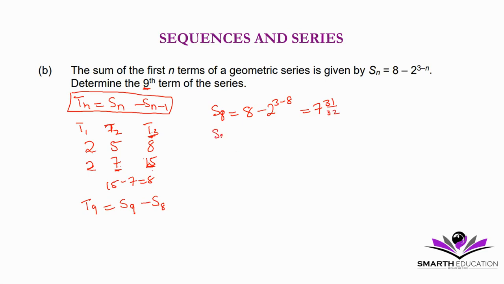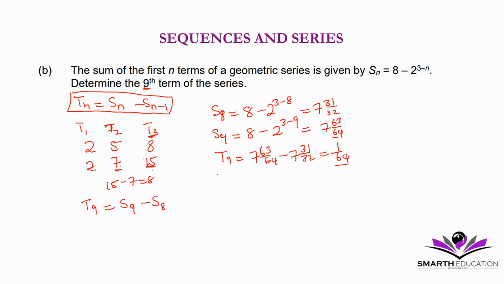And then S9 is equal to 8 minus 2 to the power 3 minus 9, which is equal to 7 and 63 over 64. And T9 is equal to S9 minus S8, which is 7 and 63 over 64 minus 7 and 31 over 32, and then we get 1 over 64. So T9 is equal to 1 over 64.